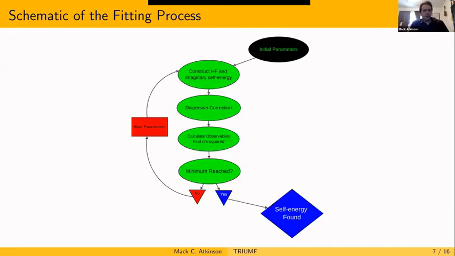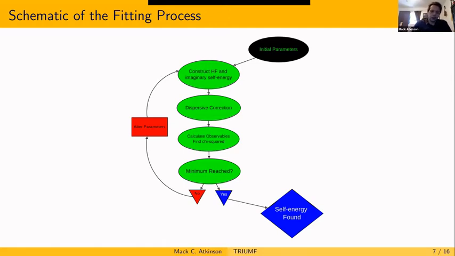Okay, so as I mentioned, I'm modeling the self-energy as a phenomenological optical potential, so it involves parameters. The process to achieve this self-energy would be to initialize some set of parameters, construct your Hartree-Fock and imaginary part of the self-energy, apply this dispersive correction to get the real part of the self-energy, and then you calculate observables, calculate the chi-squared, and determine if a minimum has been reached.